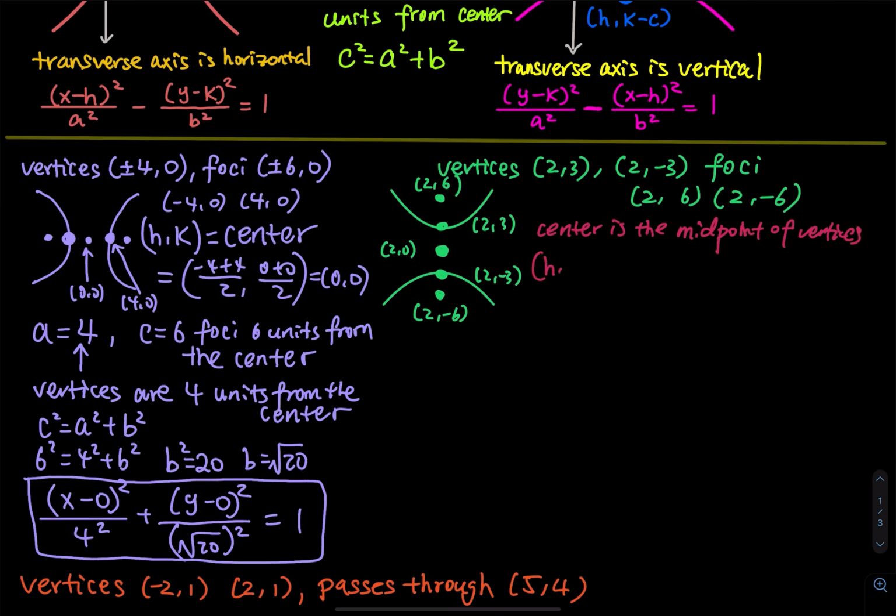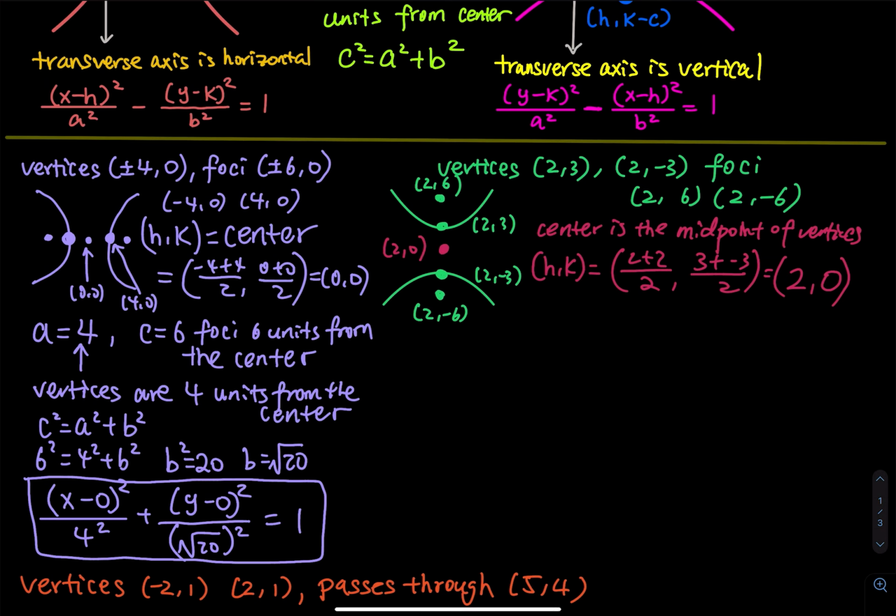And then your h comma k is equal to 2 plus 2 divided by 2, and then 3 plus negative 3 divided by 2. What is that equal to? 4 divided by 2 is 2. And then 0 divided by 2 is 0. So you have your center, which is at 2 comma 0.